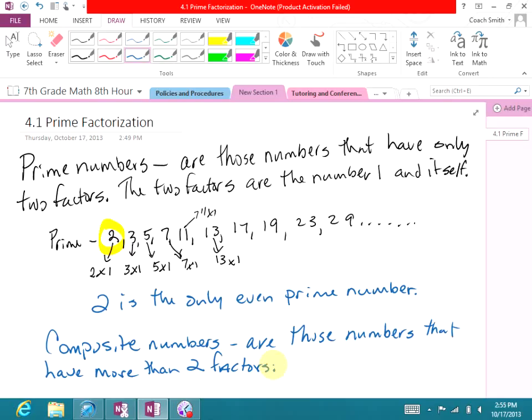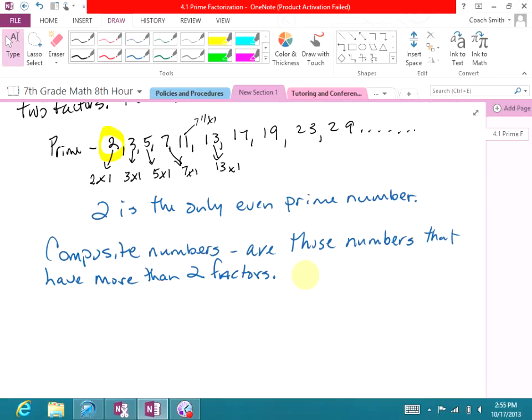Obviously, with prime numbers and composite numbers both, there is an unlimited amount. They're infinite. You can always come up with another prime number. Now, obviously, it gets harder as the number gets larger, just simply because of the math involved.